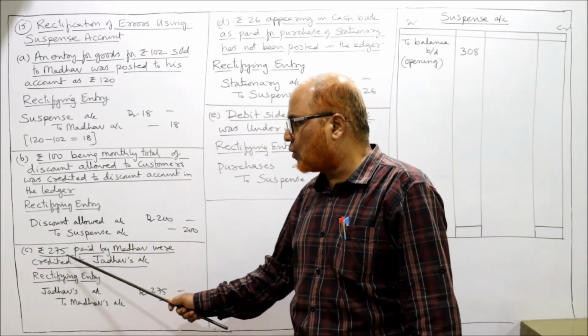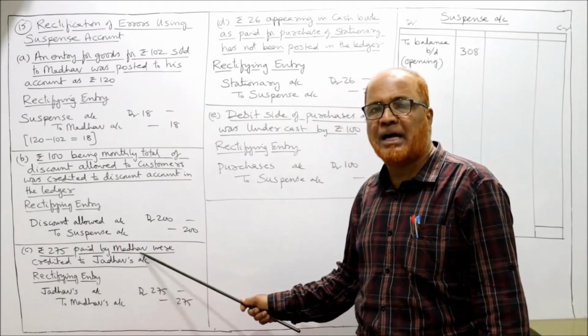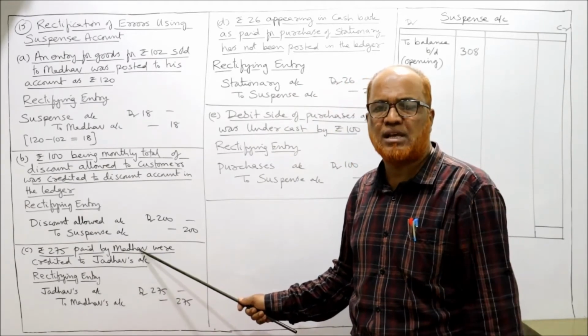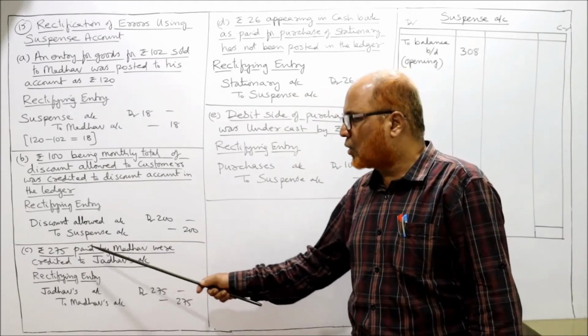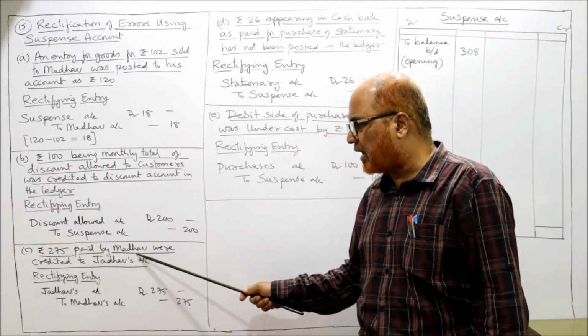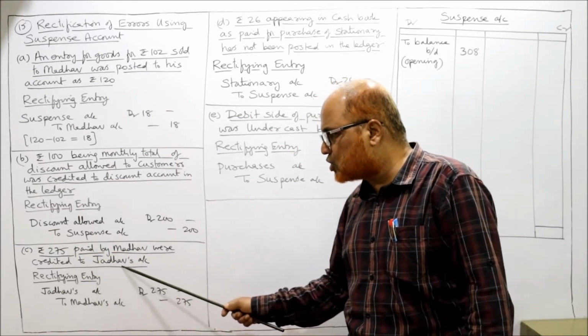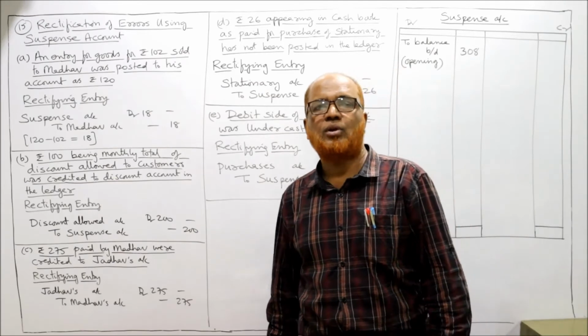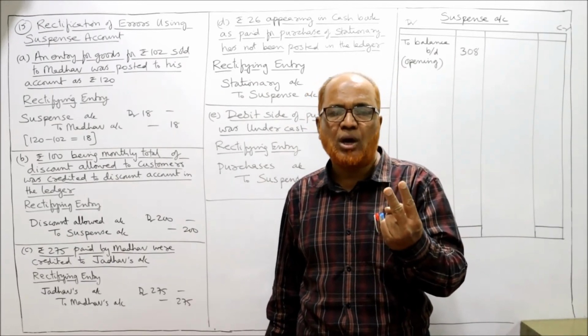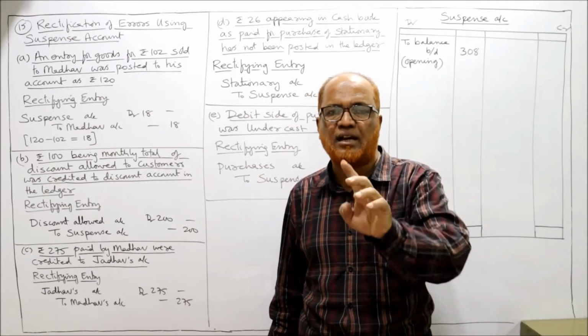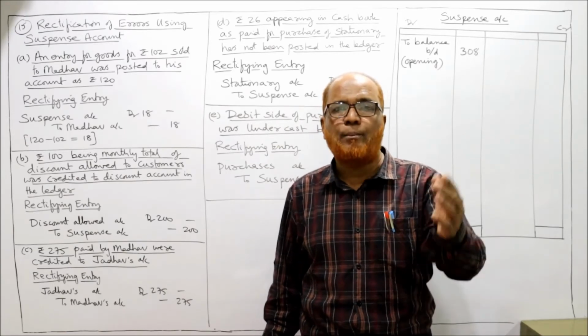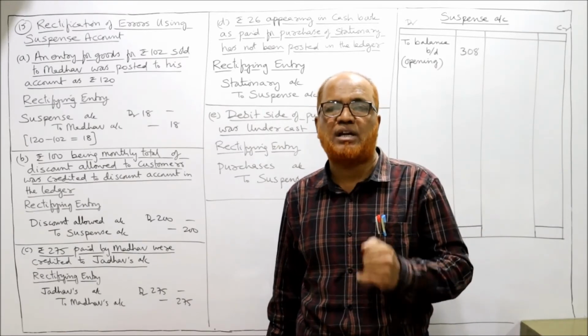Now third, rupees 275 paid by Madhav. One of the customers is there, Madhav. So rupees 275 paid by Madhav were credited to Jadhav's account. So we are having two customers. One customer Madhav, second customer Jadhav. So Madhav has paid 275 rupees.